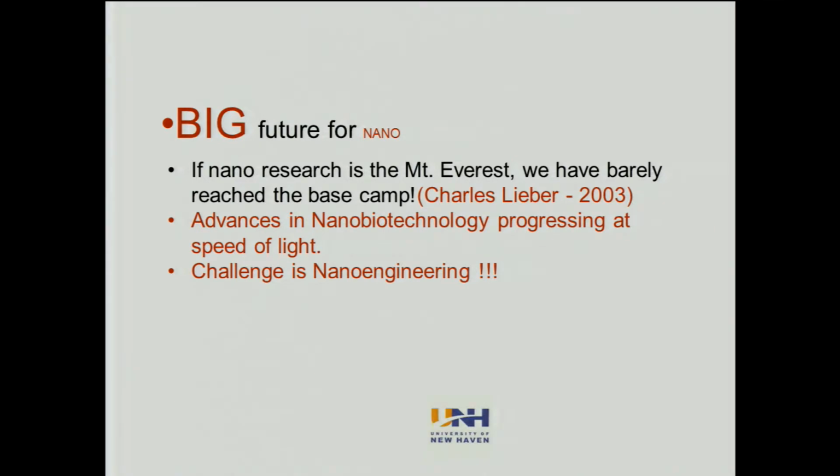By the time I am giving the lecture, there might be 3 other commercial devices already coming out. One of the places where people are working, I will talk about that also, is cancer diagnostics. But the main problem is nano engineering. The science of nanoparticles is amazing. You can show this can be done, this can be done, this can be done, but what is engineering?